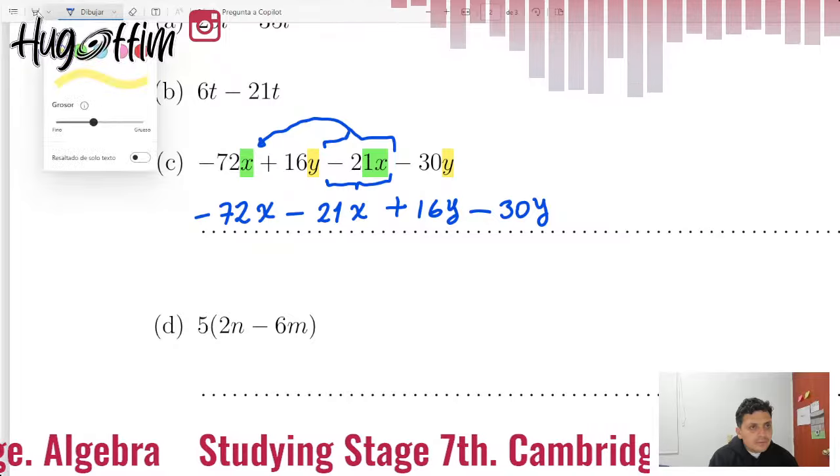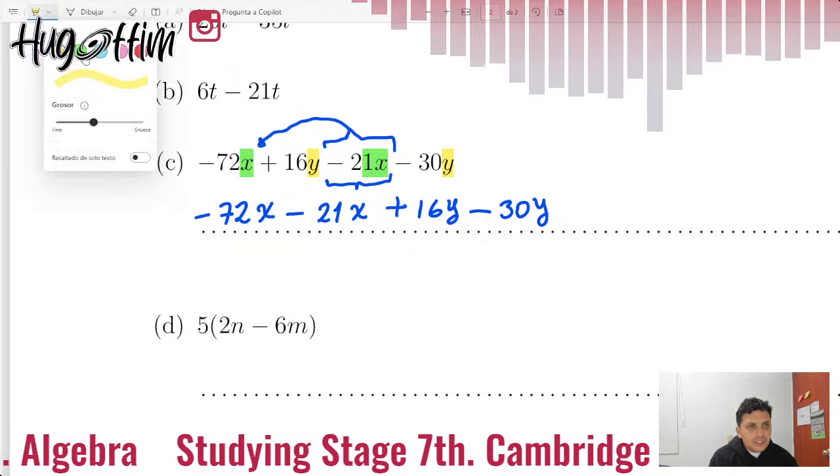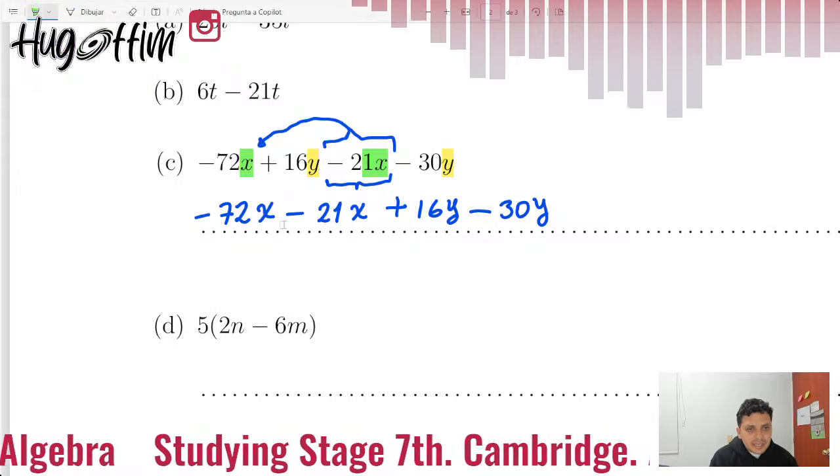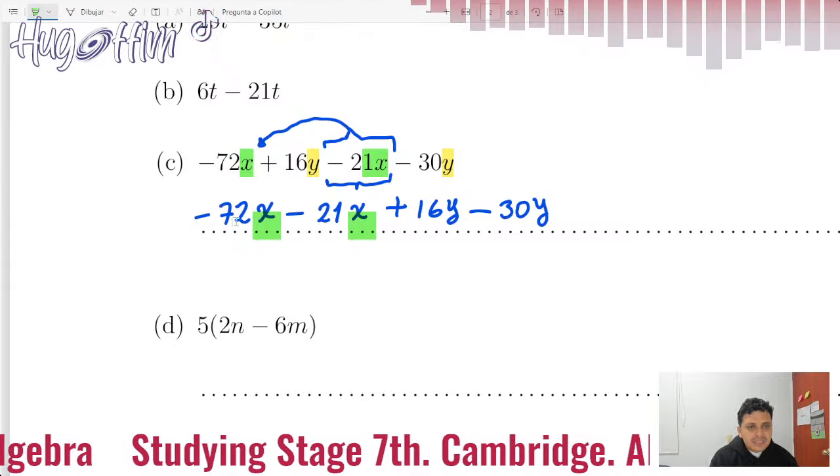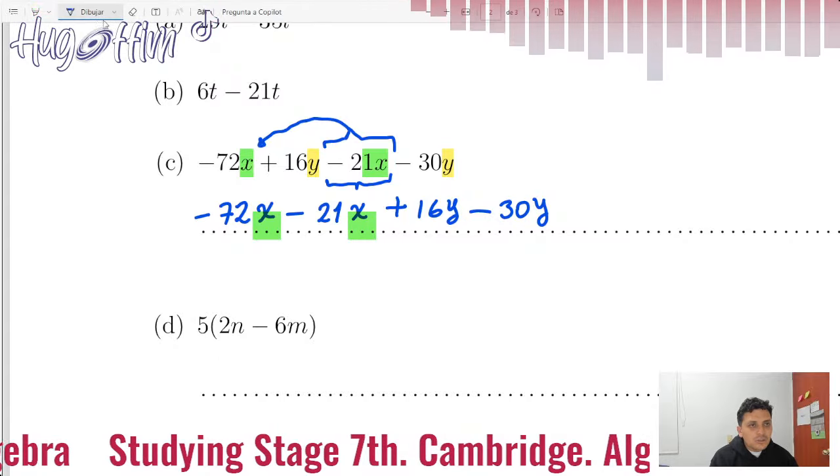Now, what I'm going to do is add the terms that have the x. So this means negative 72 minus 21.